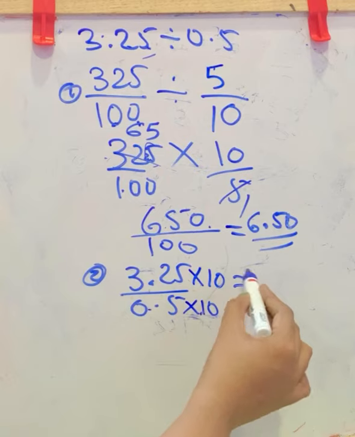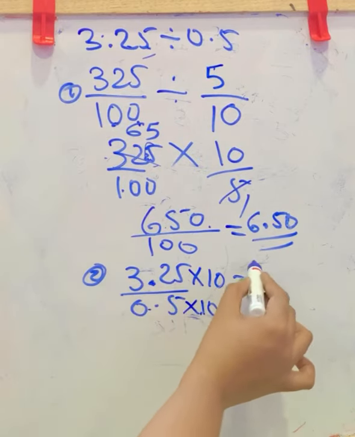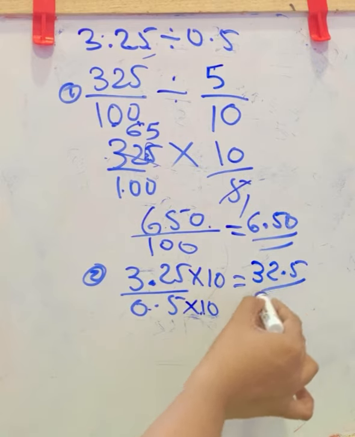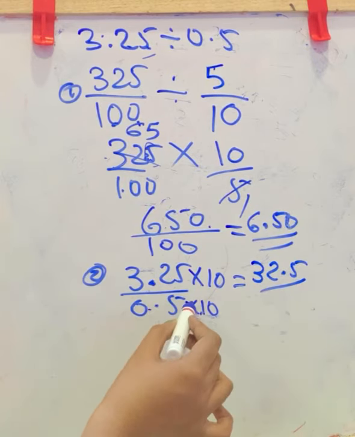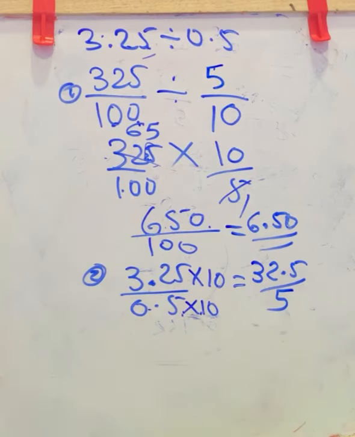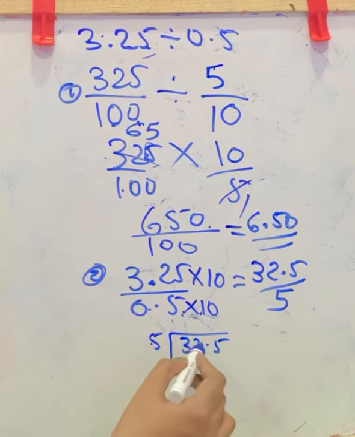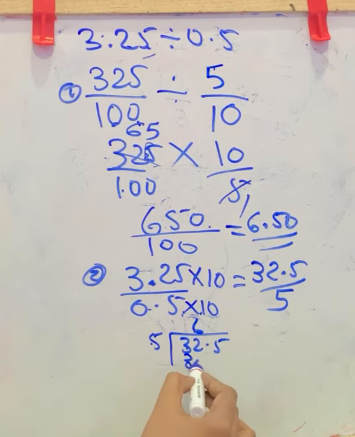This becomes, here into 10 means one place to right side, that is 32.5, and here the point goes to this side, 5 point means simply 5. Now there is no decimal in denominator. Now you can divide this with long division. In 32, 6 5s are 30, balance 2, 2.5, carry down this 0.5.